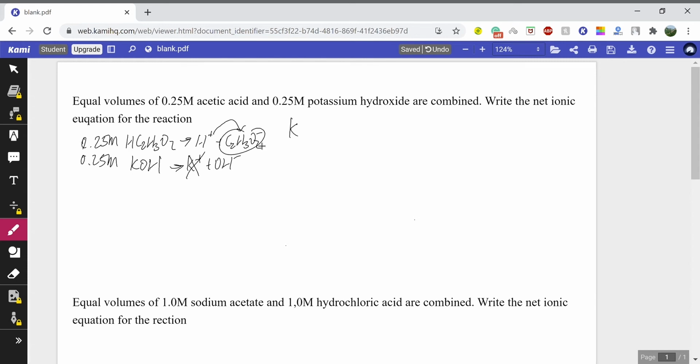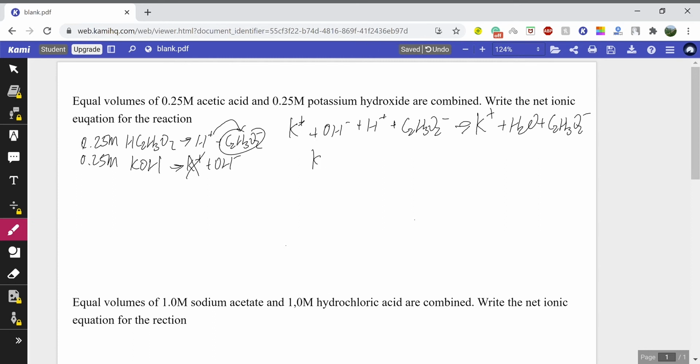So now let's write K plus plus OH minus plus H plus plus C2H3O2 minus. K plus will be over here as well, since it's a spectator ion, and then these two will form H2O together, finally leaving us with C2H3O2 minus.